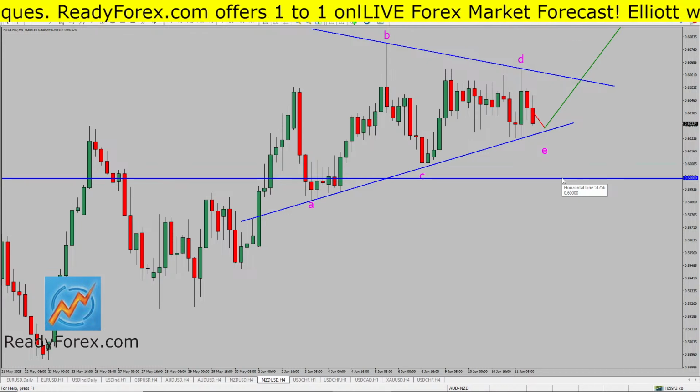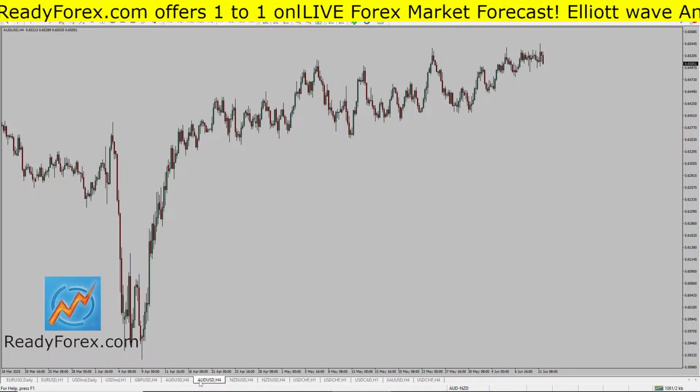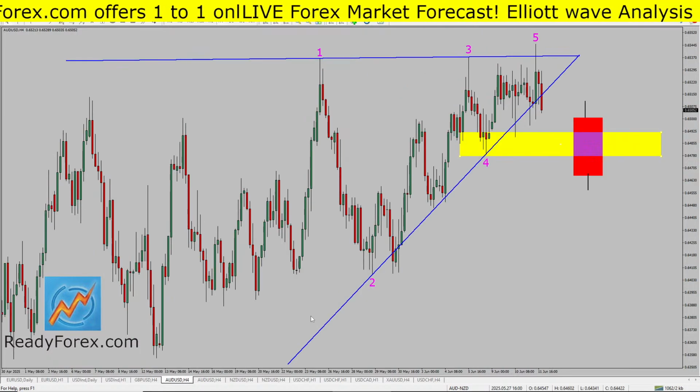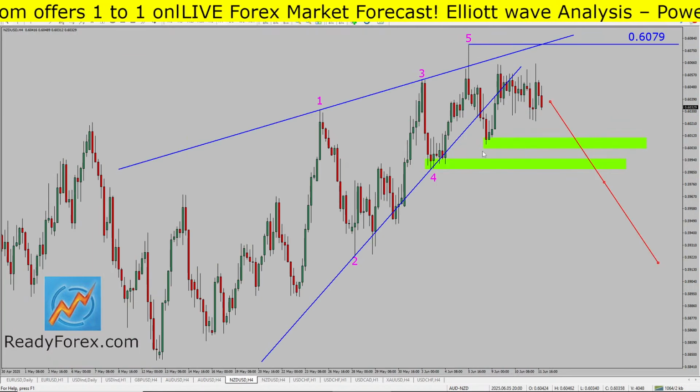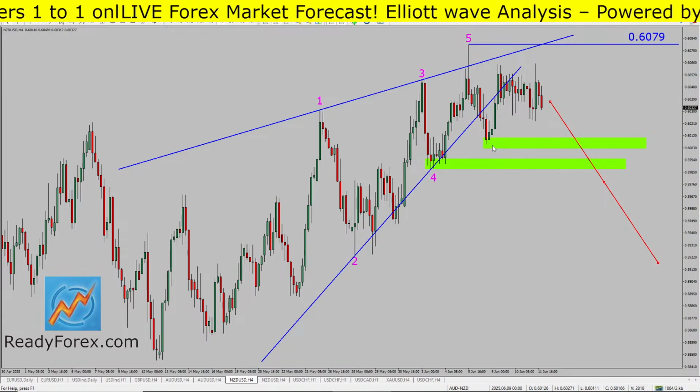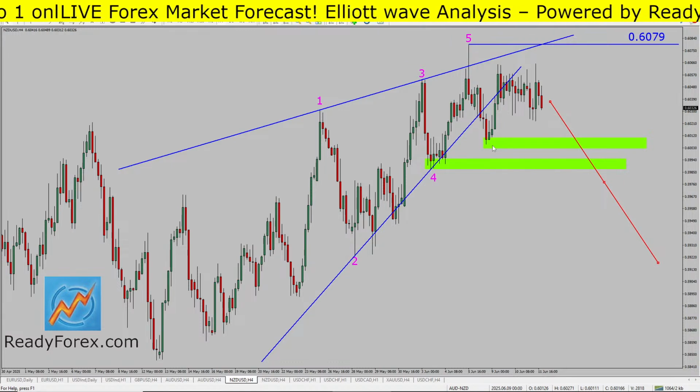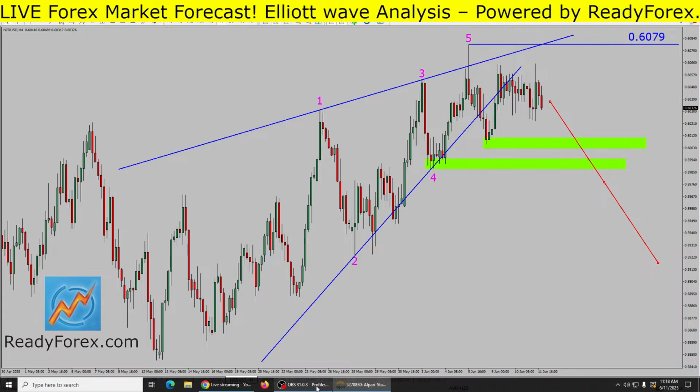Now the way I see, the AUDUSD currency pair is trying to drop, so we might also get the same scenario, the ending diagonal scenario, inside the NZDUSD currency pair as well.